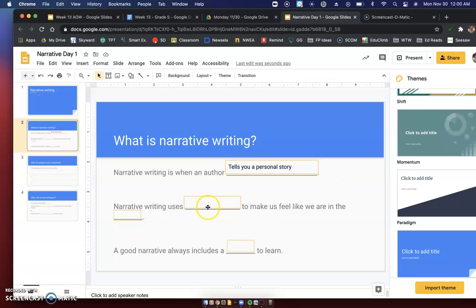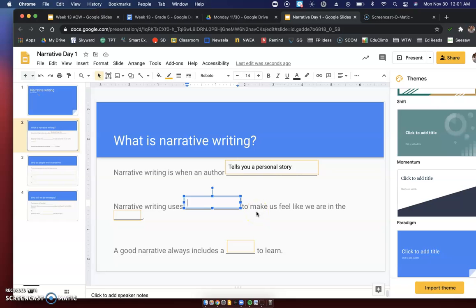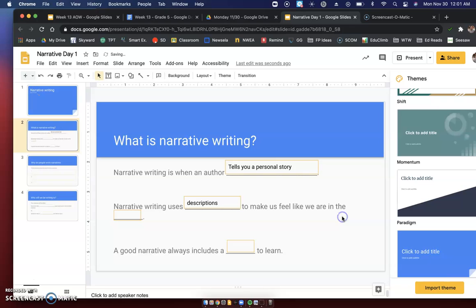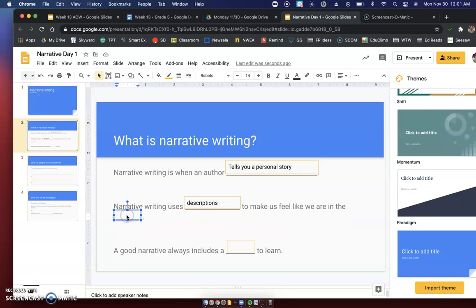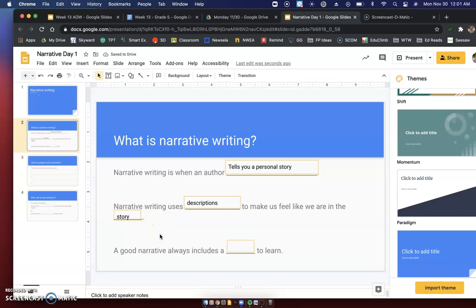Narrative writing uses, and this is very important, descriptions to make us feel like we are in the story. The author really likes to use different kinds of senses, different kinds of descriptions, like telling you what things sounded like, tasted like, smelled like.